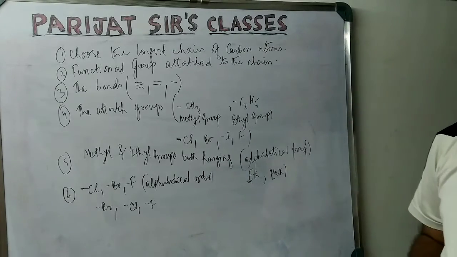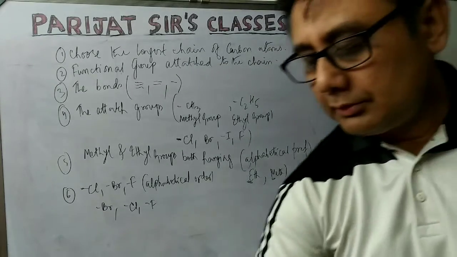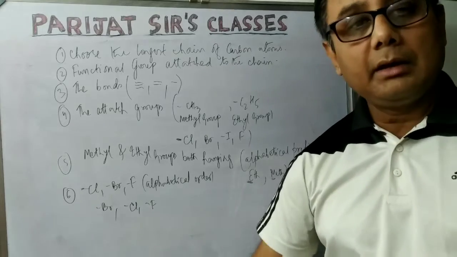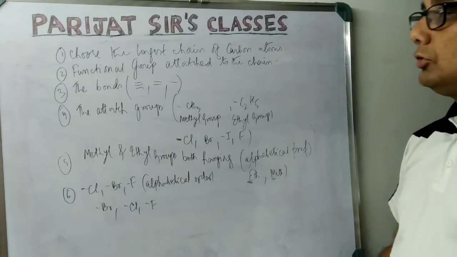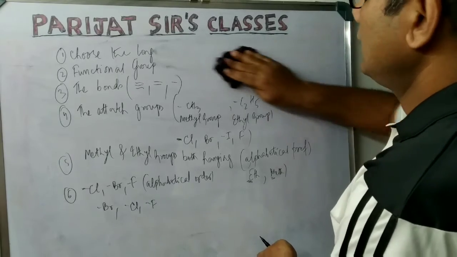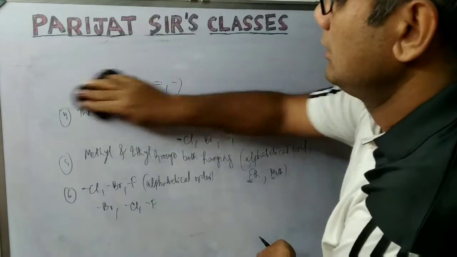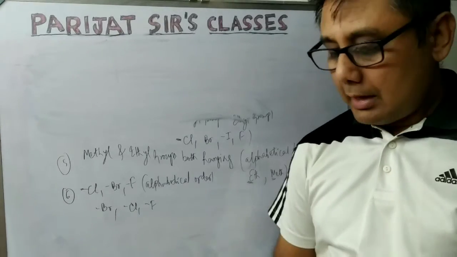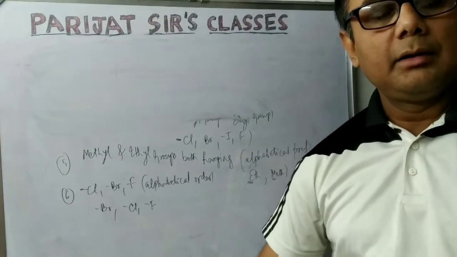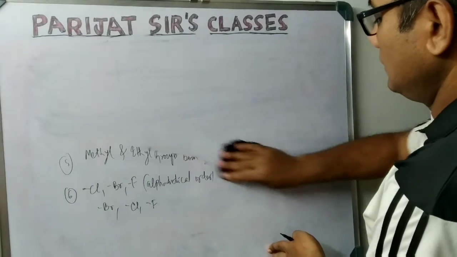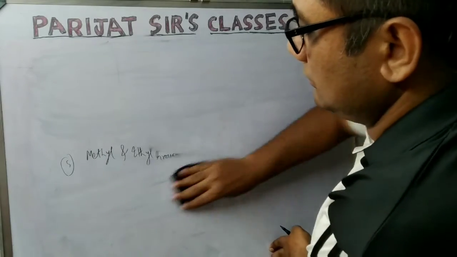So these are the basic rules with the help of which we will be naming organic compounds. Again, I'm telling you, this is a fully logical chapter, so please try and see the video as much as possible to get the confidence.